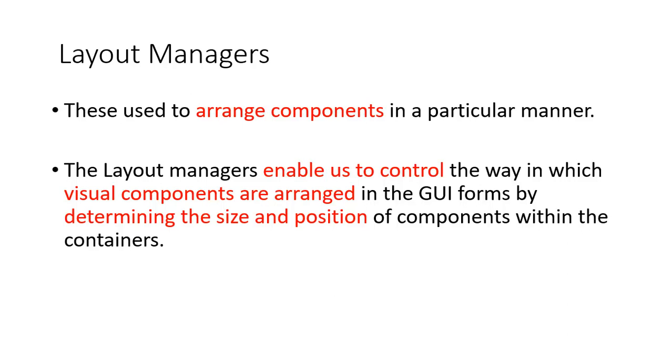Before we conclude, let's recall what we have studied. First we understood what Swing is. Swing is a GUI toolkit that is used to build the graphical user interface using Java. It's an extension that was given to AWT. Then we saw that there are two important terms you need to understand when we talk about Swing.